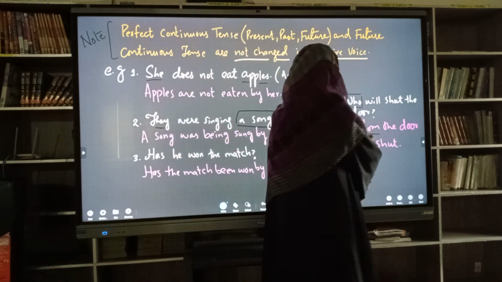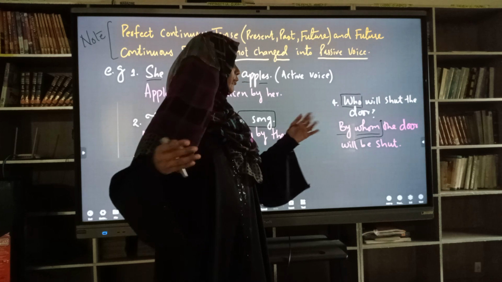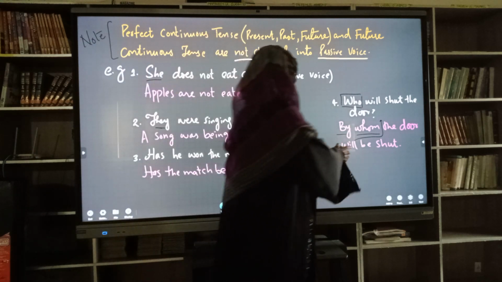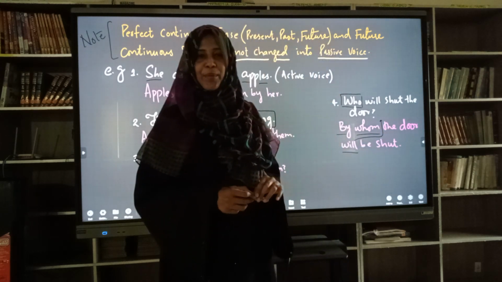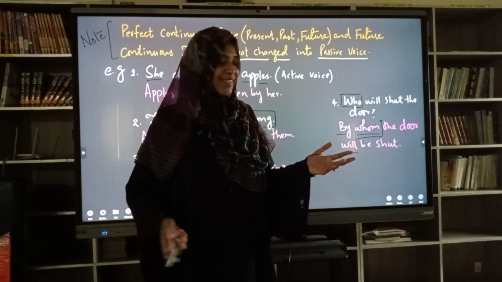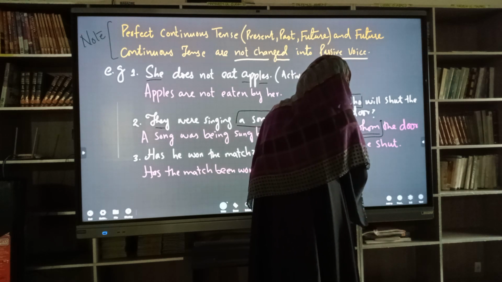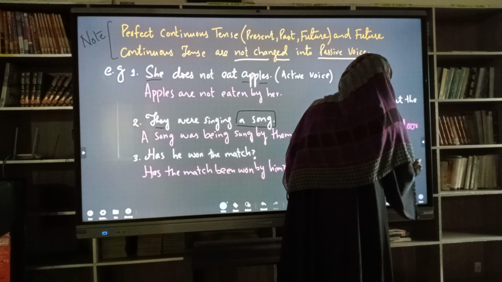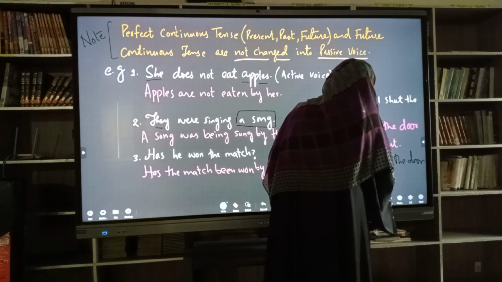Okay, by whom will the door be shut? It will not be the door will be shut. By whom will the door be shut? Okay, so remember to switch the particular helping verb, because this is the common mistake the students do. So I wrote it first in the same way, but remember that the correct sentence will be, by whom will the door be shut.